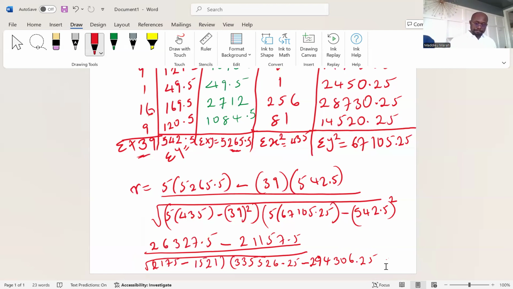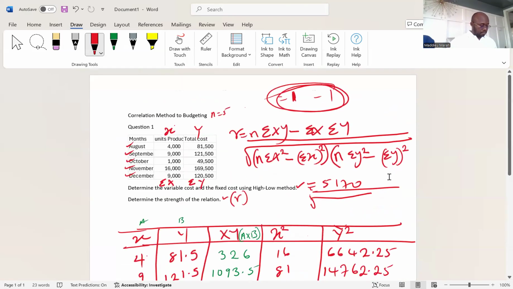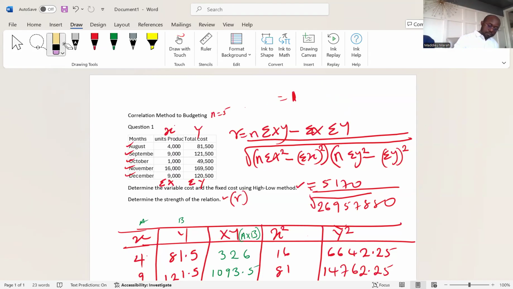I will get 26957880. This is my answer. And the square root of 26957880, the square root of that, I'll bring my final answer up here.